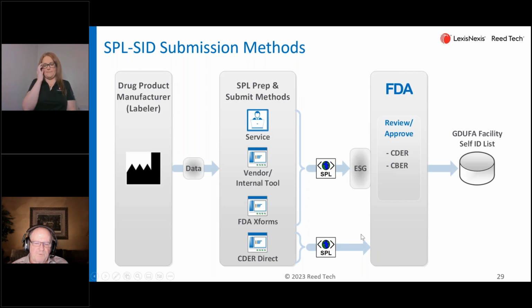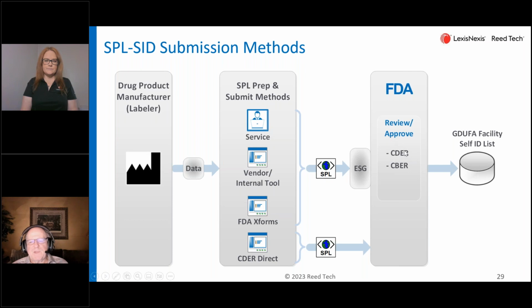For the first three that I talked about, you will have an output of an SPL file, and then that needs to be submitted through an account that you're able to set up with the Electronic Submission Gateway, so you might be using that account for other types of data and document submissions.